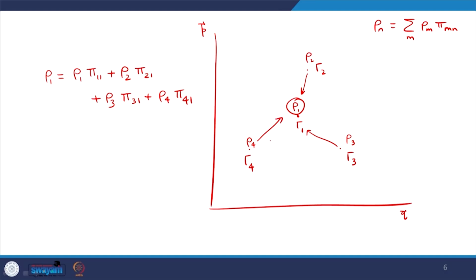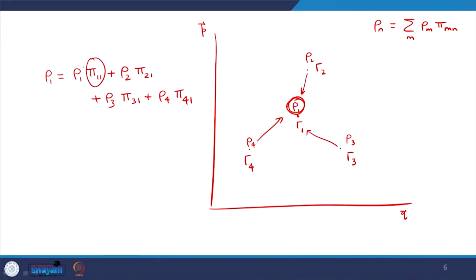So, in the new state, the probability density is given by, if I have been here, multiplied by the transition probability of remaining wherever I was. Keep in mind that there is a possibility that I can remain in the same state, and there is some probability, in this case pi 1 1, right.